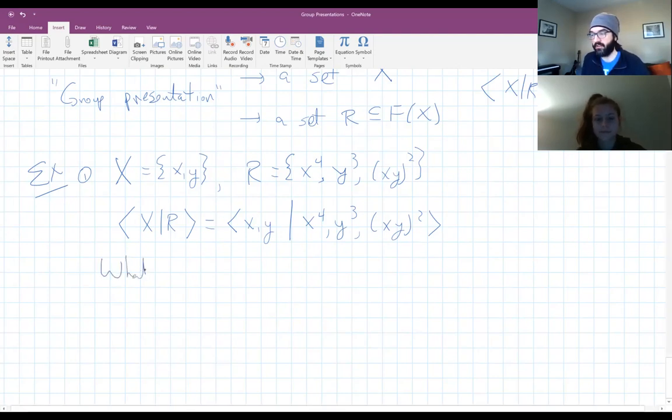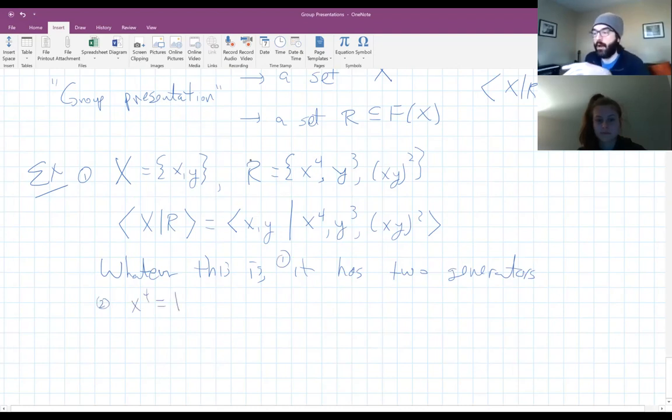So whatever this is, it has two generators. It's a group that has two generators. We know that. Second, we know that X to the fourth is equal to the identity.